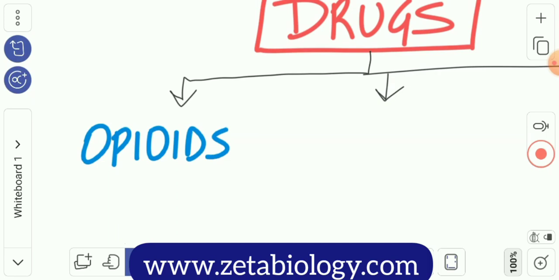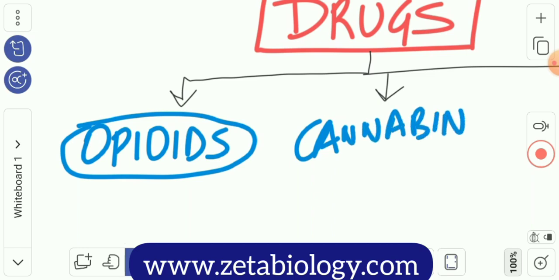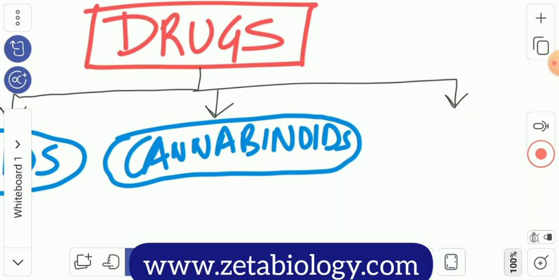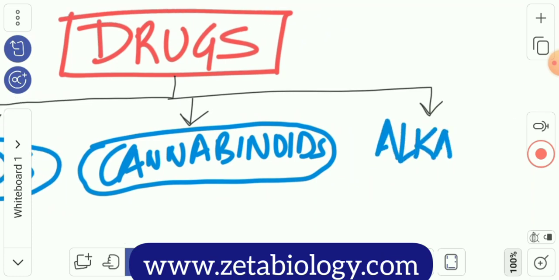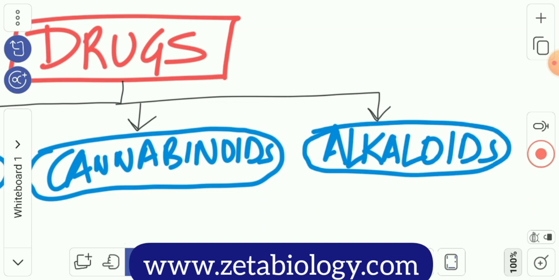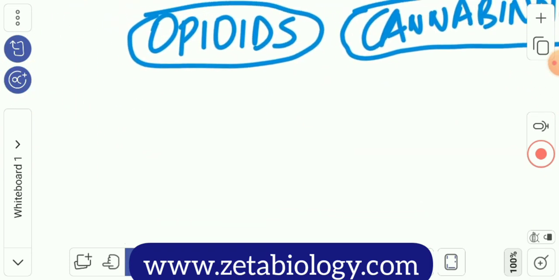Opioids, cannabinoids, alkaloids. First, let's talk about opioids.